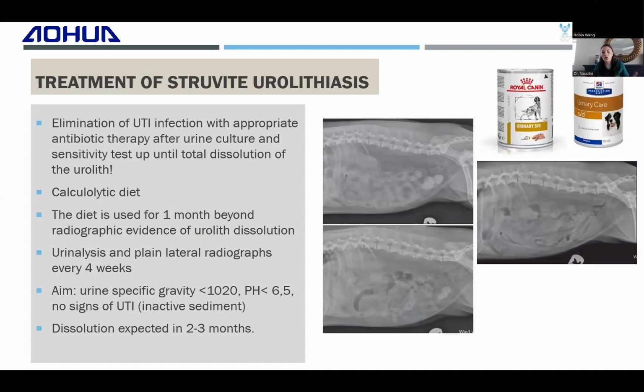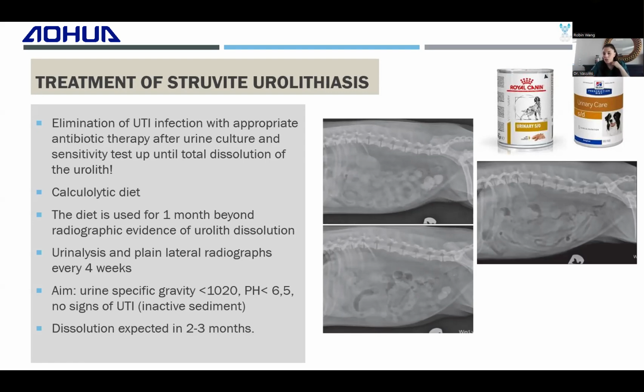So if I have a female dog with very big uroliths, like this dog here, what do I do? If this dog is straining and urinating blood and has hematuria and has, you know, fever and is very unwell and the owners are really, really worried, then I might go into the surgical option, but rarely ever do I do it.